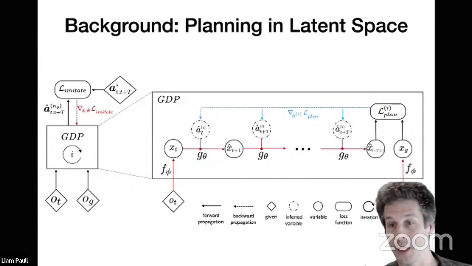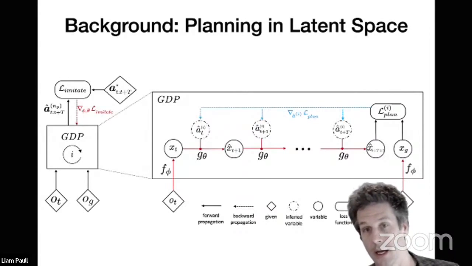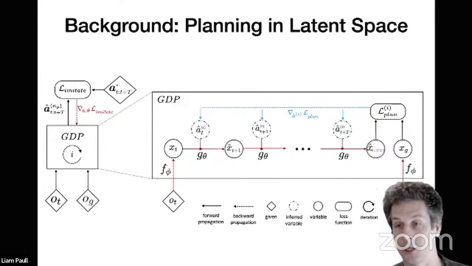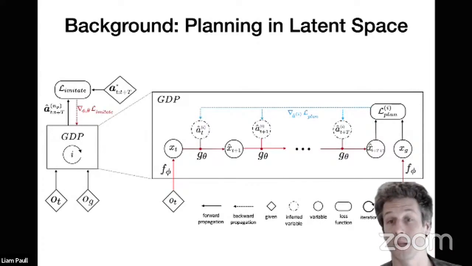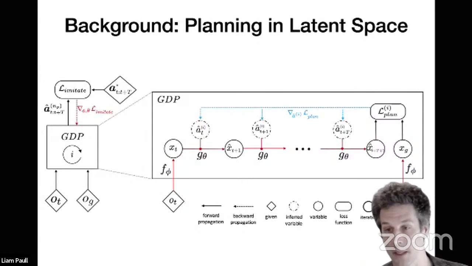Once we get this sequence of actions, we feed them out into this outer loop where we have some expert trajectories, and we compare the action sequence that we found with whatever the expert trajectory sequence was. And this imitation loss is what we use to actually train the encoder and the dynamics model.